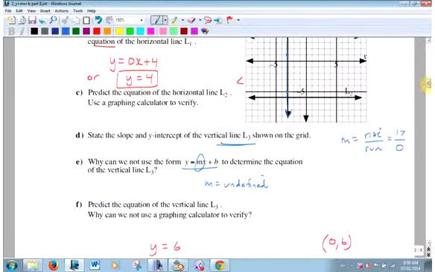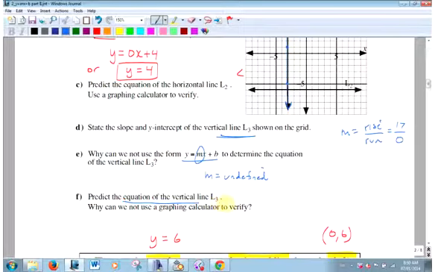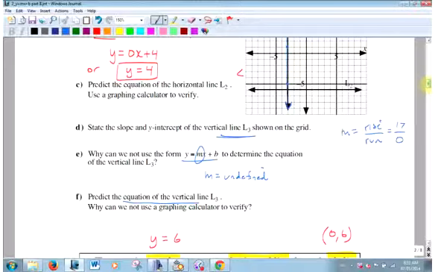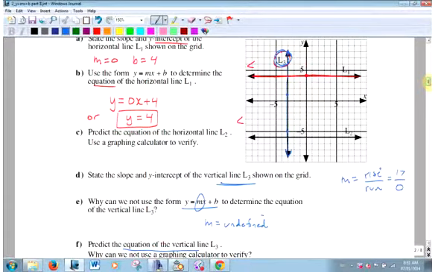Here's the important part. What's the equation of that line? What is y? Well, the better way of thinking about it is, what is x? What is x here? Negative 3. What's x here? Negative 3.